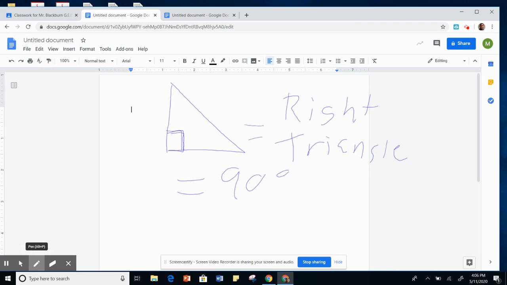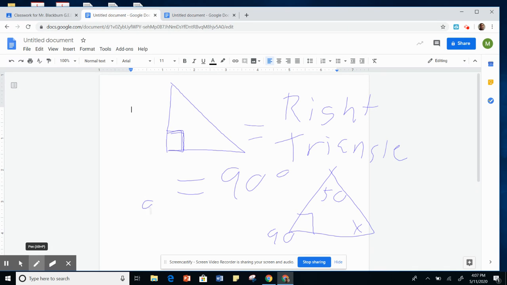There we go. So let's say you have a problem here and you see the little window, so you know that's 90, and they only give you, let's say, 50. And they're telling you solve for x. And you're probably like, how would I do that? Easy. Because of that window, that means this angle is a 90.